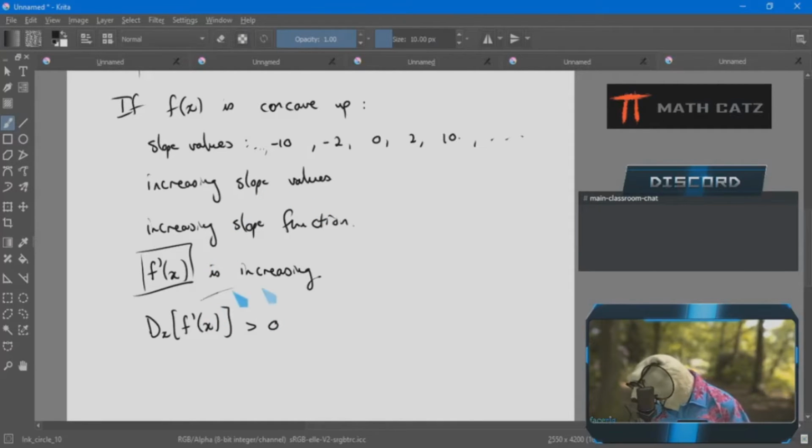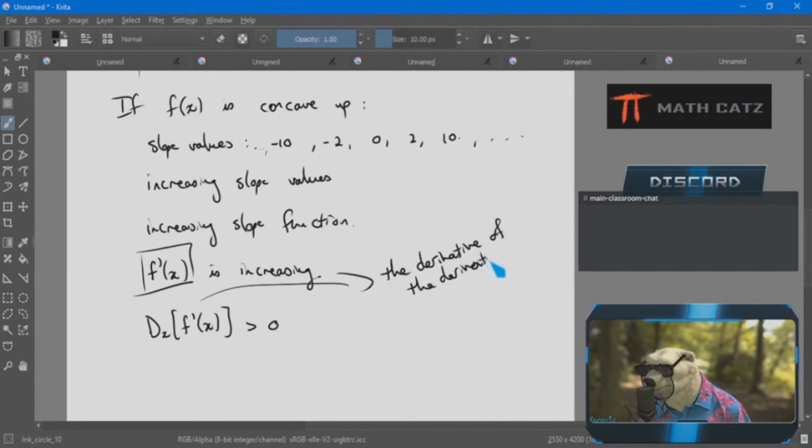So what I have here is the derivative of the derivative of f, of my function. We're going to call that the second derivative, the derivative of the derivative.